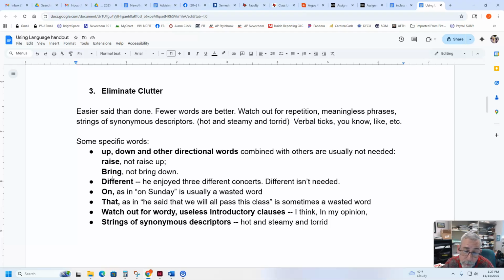It's actually, of course, harder to do on your own writing than on an example I'm going to give you, but that's how it goes. Some things we can watch out for are directional words that aren't doing anything, like up and down, which are often added into phrases that don't help. How about the word different? That is one of my pet peeves also. That's a word we almost never need to use.